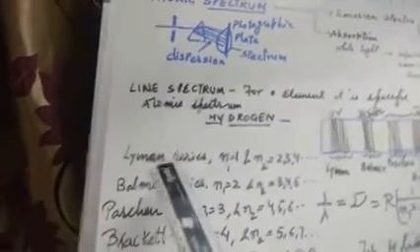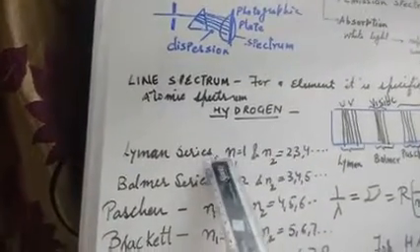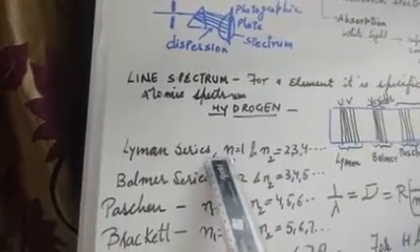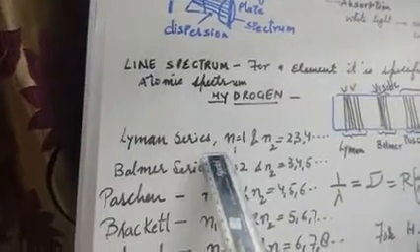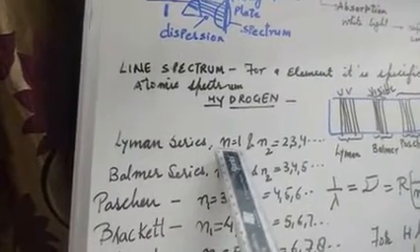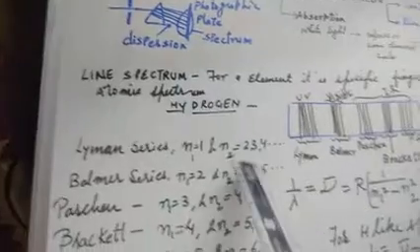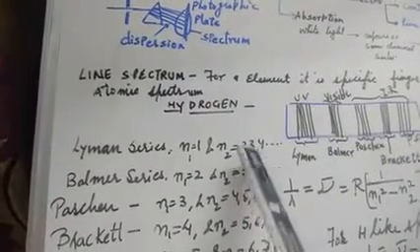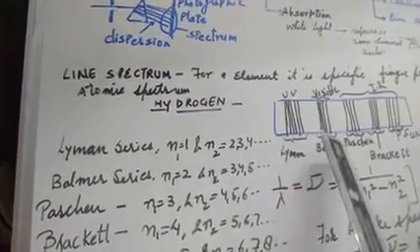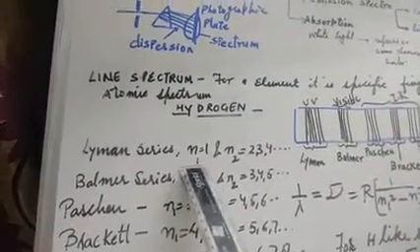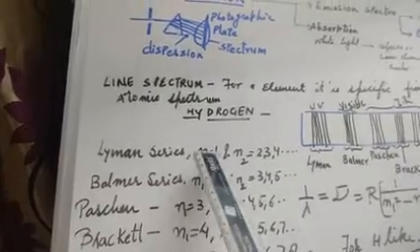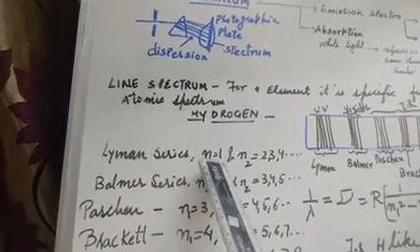So in the Lyman series, the ground state, n1, is always 1, and the electron can get excited to the second, third, fourth, and so on. But its position will start from 1, the K shell.